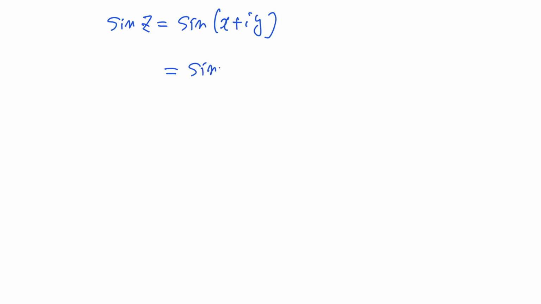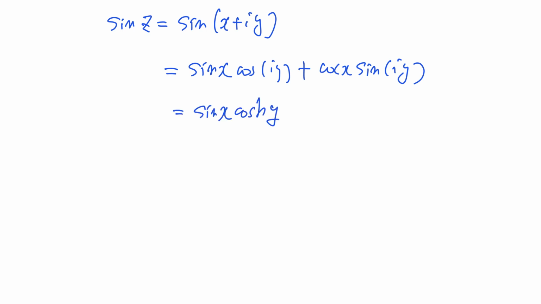Sine x cosine iy, plus cosine x sine iy, right? So sine x cosine hyperbolic y plus i cosine x sine hyperbolic y.